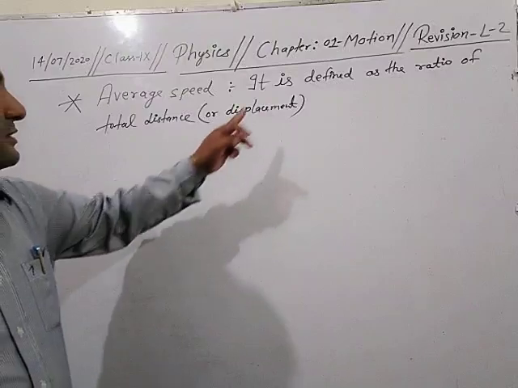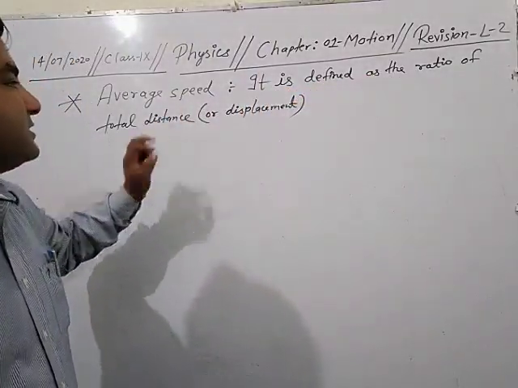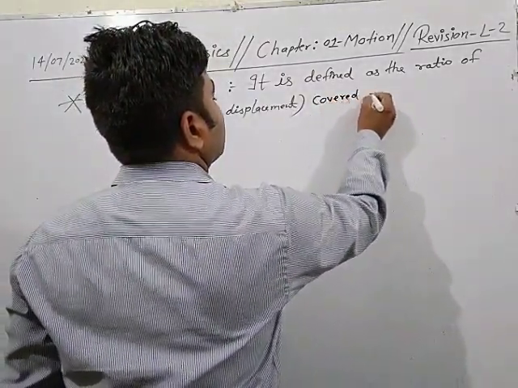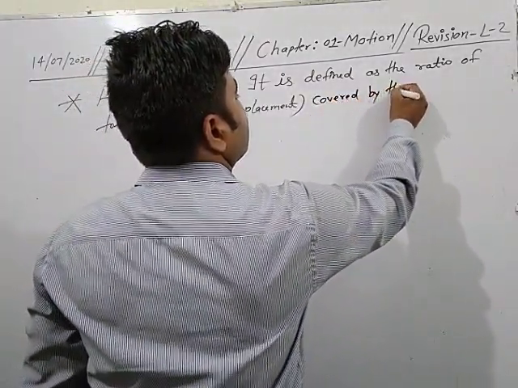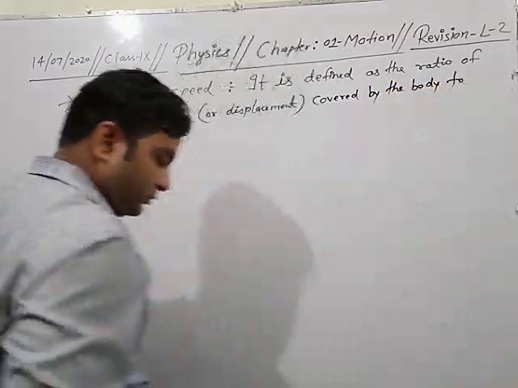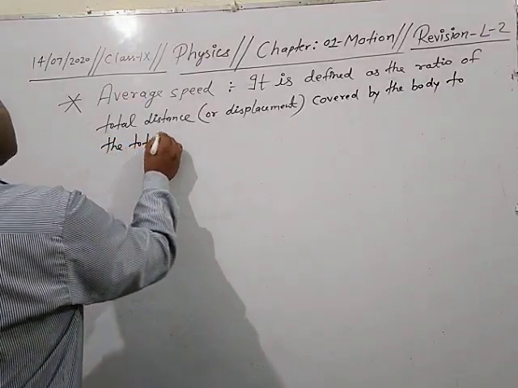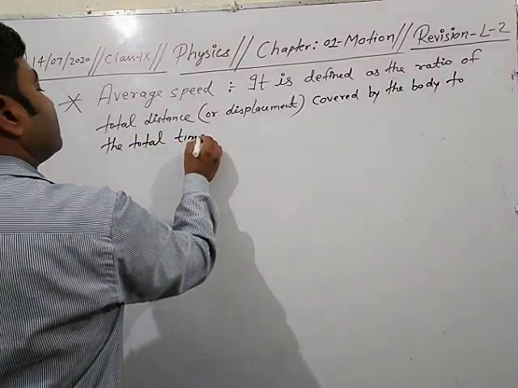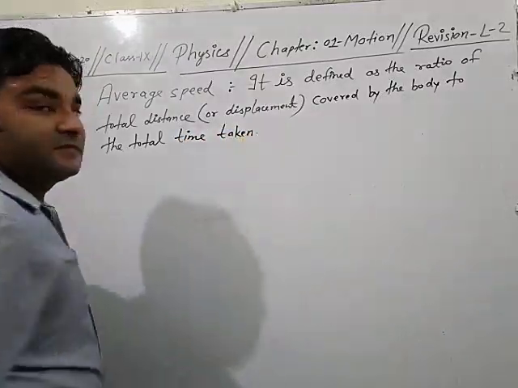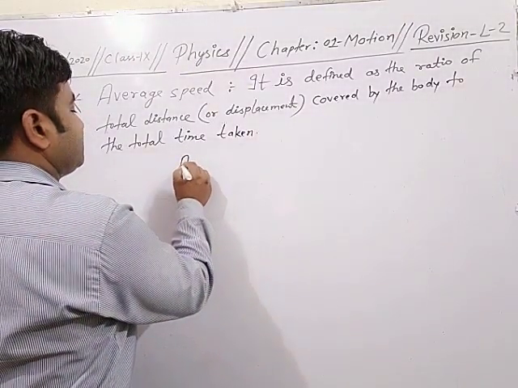It is defined as the ratio of total distance covered by the body to the total time taken. Simple. And what formula? Average speed.